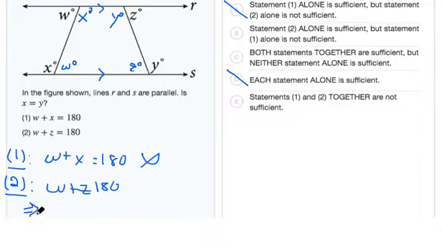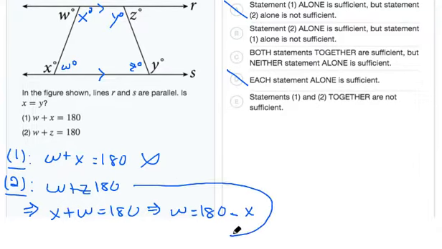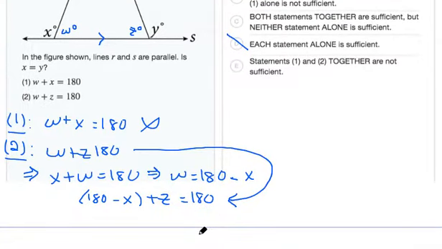If we isolate W, we end up with W equal to 180 minus X. Now we can plug this into the given equation. We end up with 180 minus X plus Z equals 180. And if we simplify this, we can conclude that X is equal to Z.